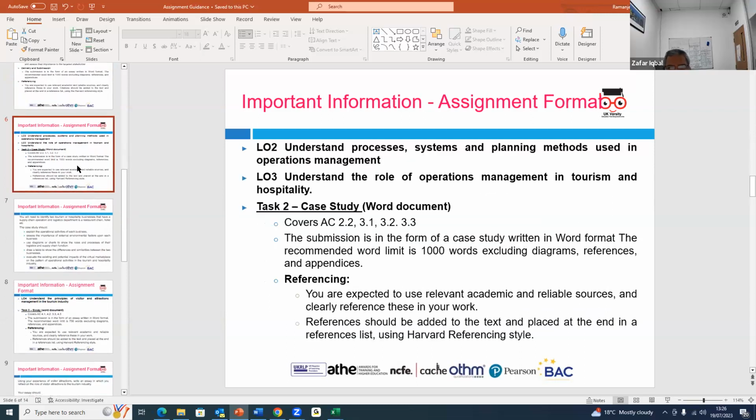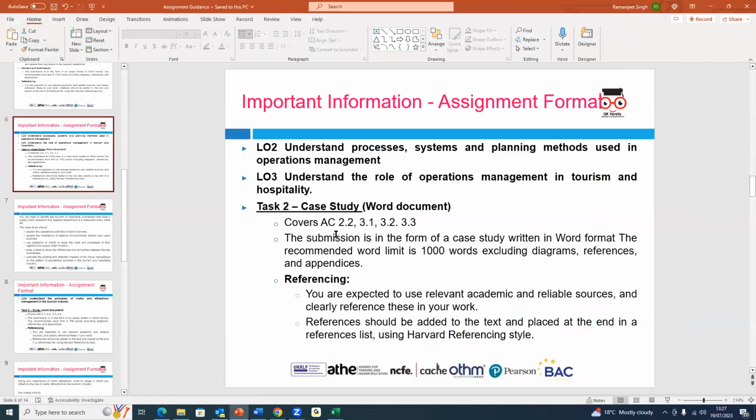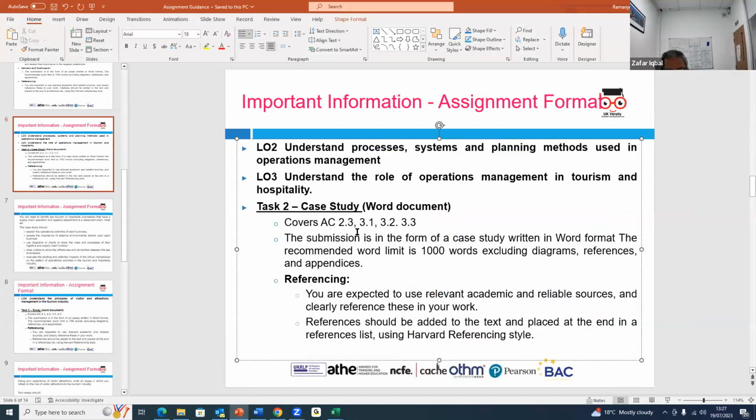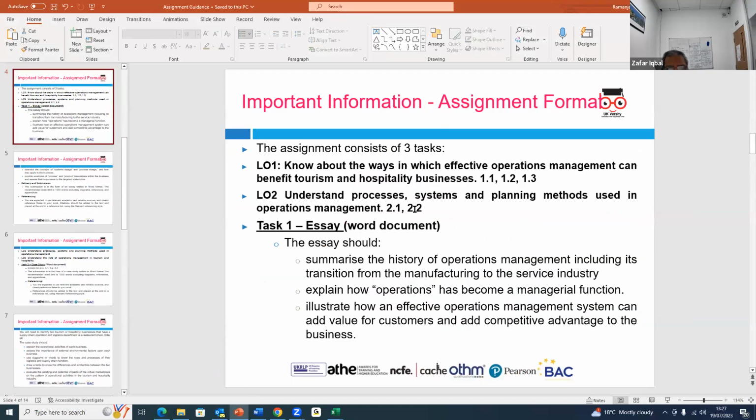Task number 2 is a case study, and you are looking at learning outcome number 2 and learning outcome number 3. I think this should be 2.3, shouldn't it? This should be 3 because we've covered learning assessment criteria 2.2 before.